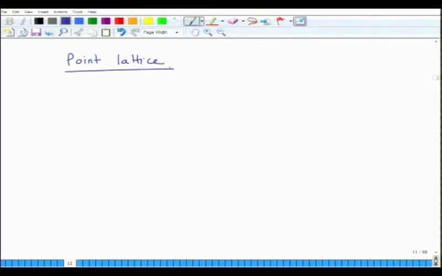Okay. Point lattice is nothing but regular array of points in a space with each point having identical neighborhood. So, a regular array of points with identical neighborhood.